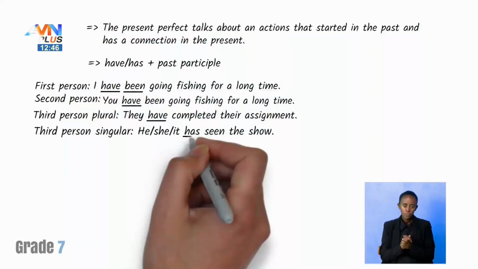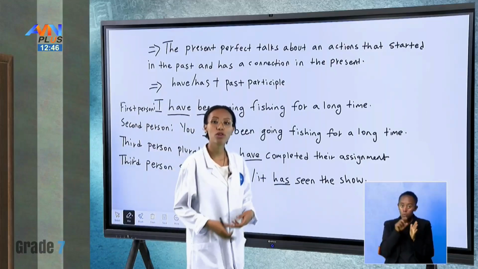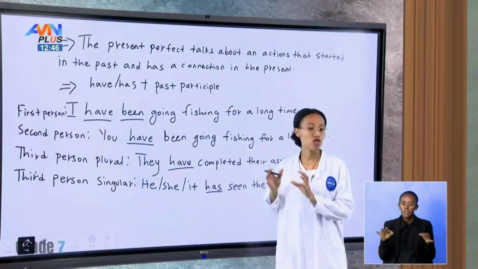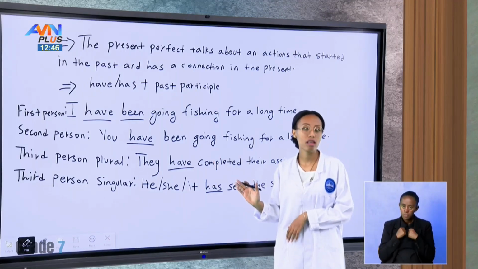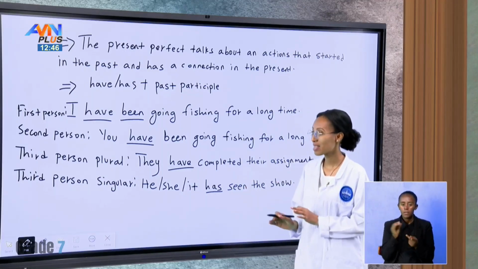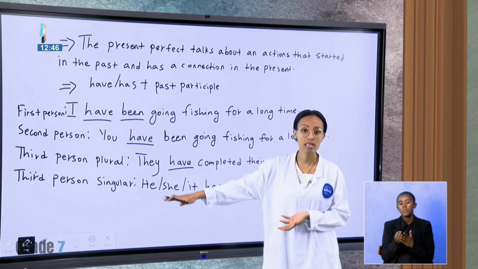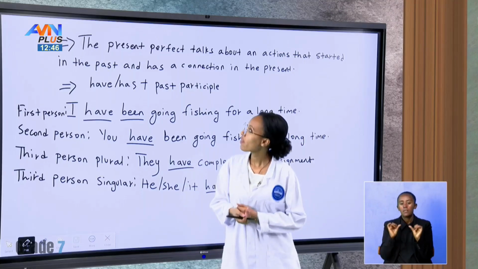So that is one rule you must follow when you're using the present perfect tense in a sentence. We generally use the auxiliary verb have when we are making the present perfect, unless our subject is third person singular, he, she, it, and then we use has. That is the form and that is the rule.